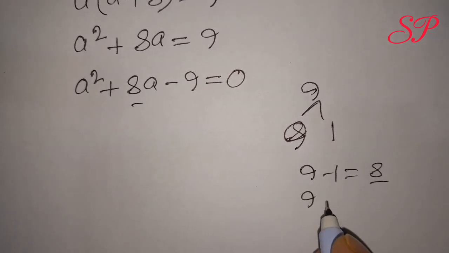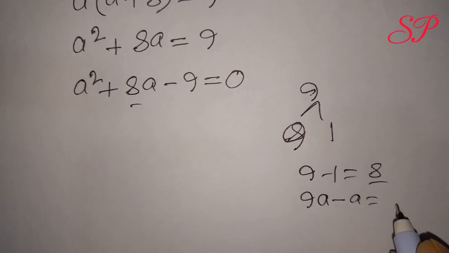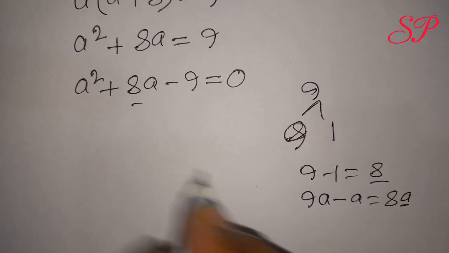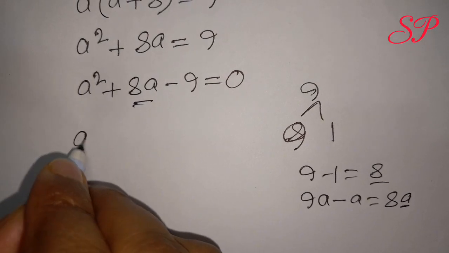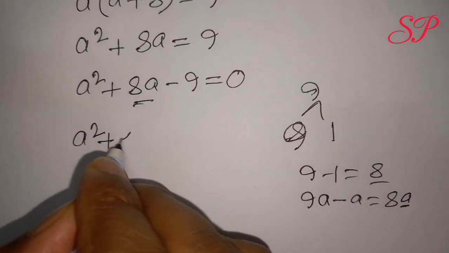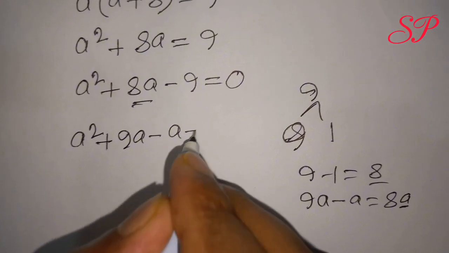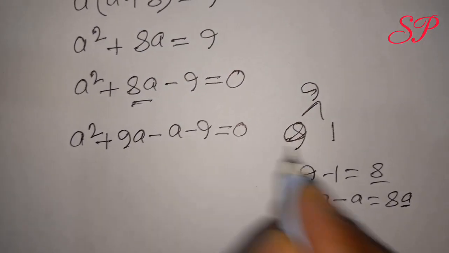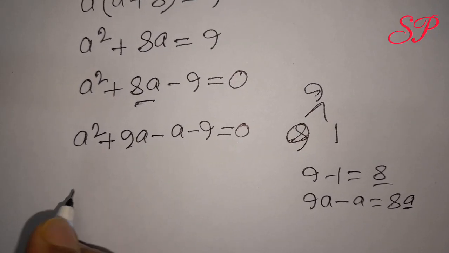So we can write 9a minus a is equal to 8a. So a square plus 9a minus a minus 9 is equal to 0.